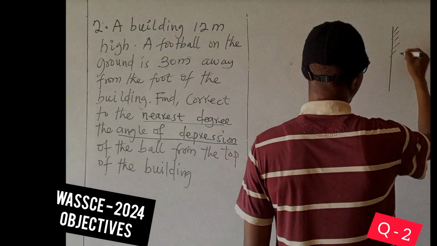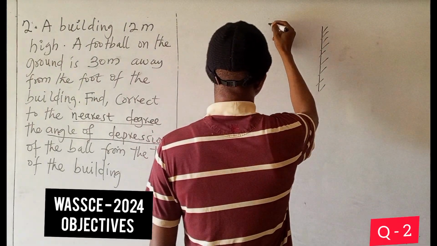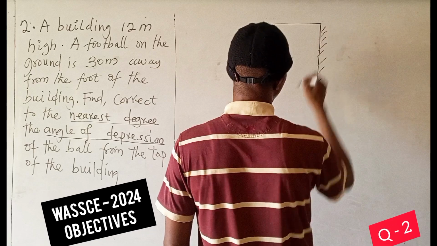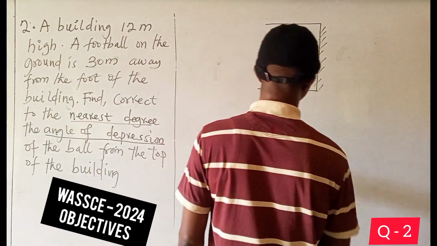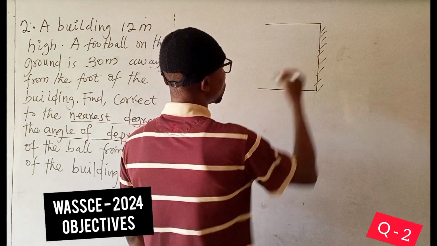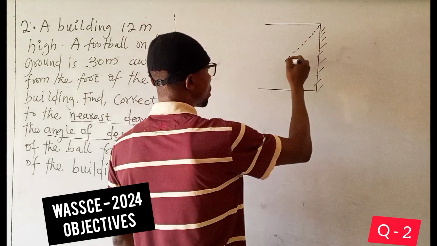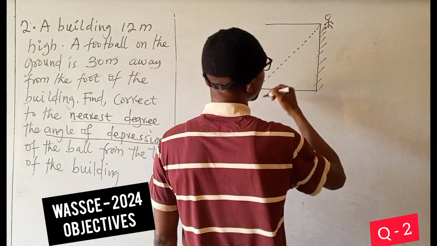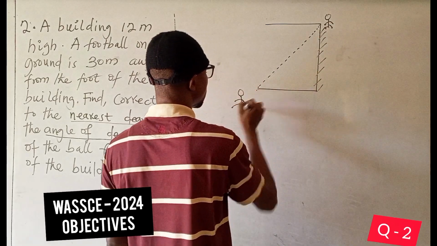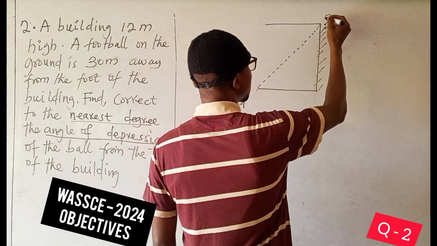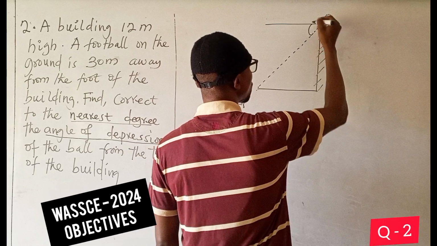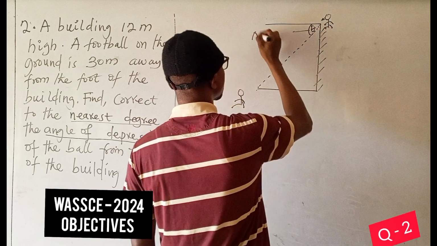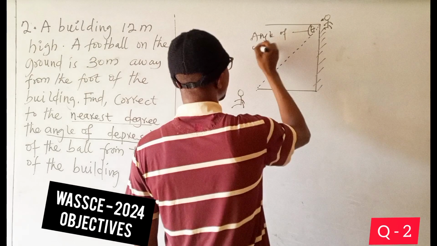For instance, if I have this as a wall, a vertical wall, and I have this as horizontal to the wall, I also have a horizontal here to the wall. So now, if I have this diagonal this way, if one person is standing up here and another person is standing at the down part here, the angle that this person's eyes make with this horizontal is what you call the angle of depression.